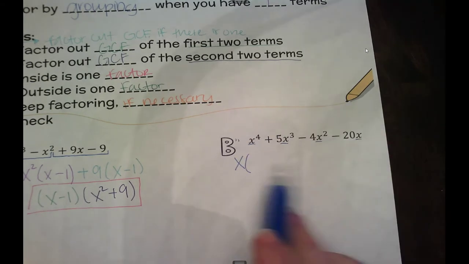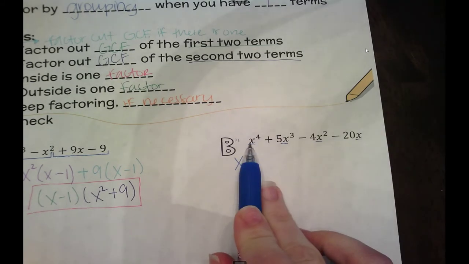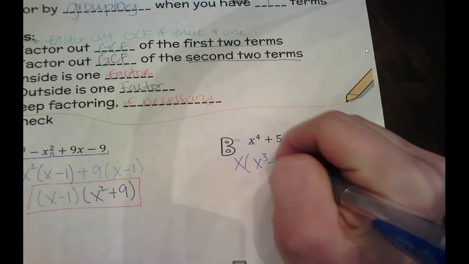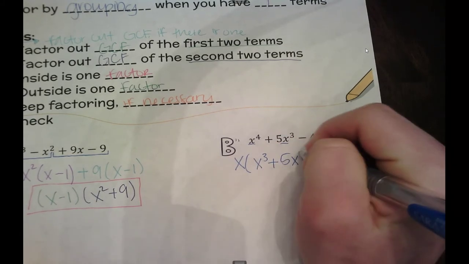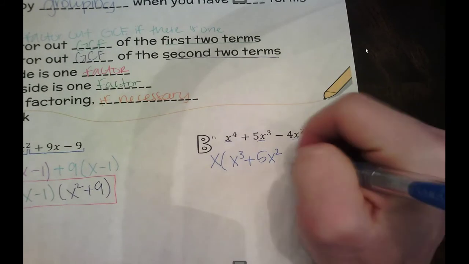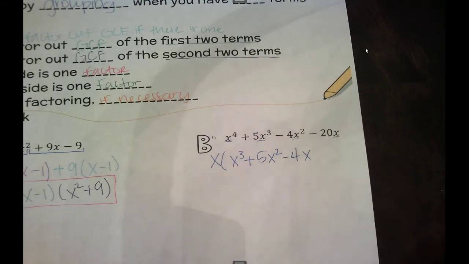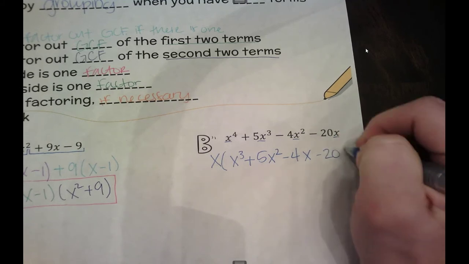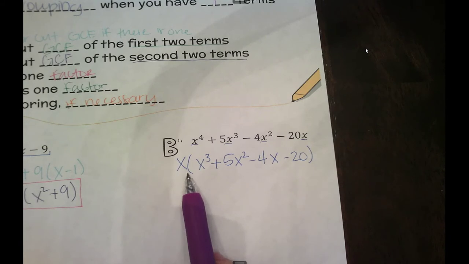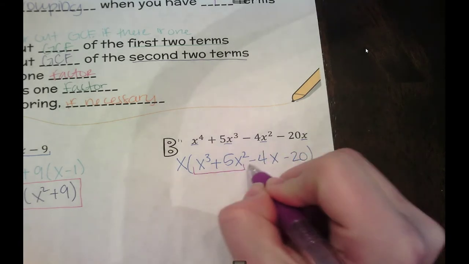When I take one x out of x to the 4th, I'm left with x to the 3rd, and so on, leaving 5x squared minus 4x minus 20. Okay, so this is going to be part of our answer, and we're going to let it hang out front while we factor by grouping what's inside here.